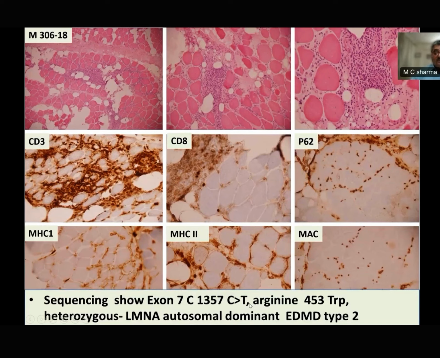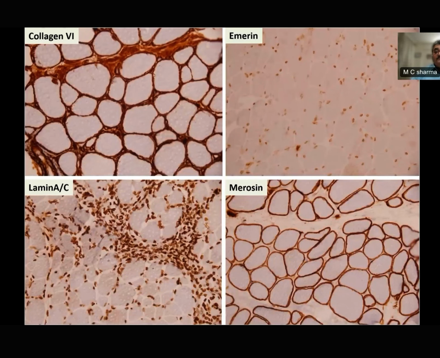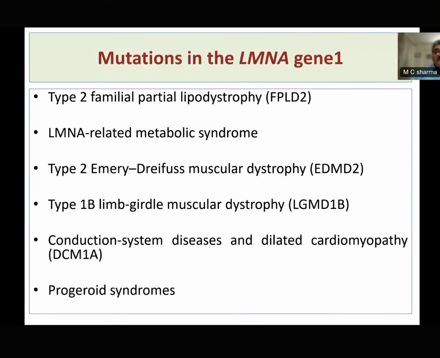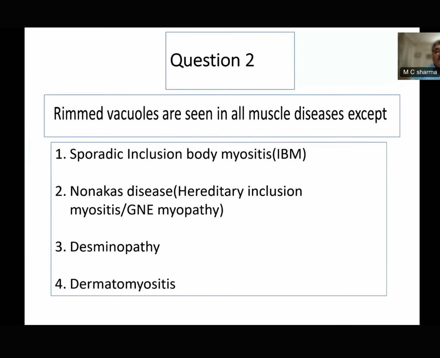So this is lamin AC mutant, and this is another muscular dystrophy where one gets a lot of inflammation. So one should be very careful. Number one is the facioscapulohumeral. Number two is lamin AC mutations. And sometimes in dysferlinopathies. So rimmed vacuoles are mostly seen in which muscle diseases?